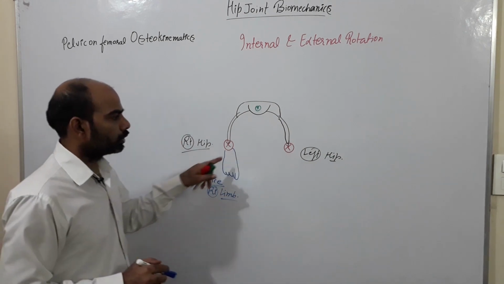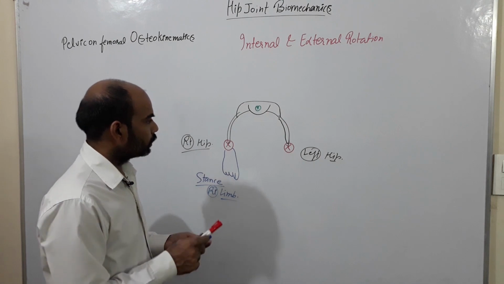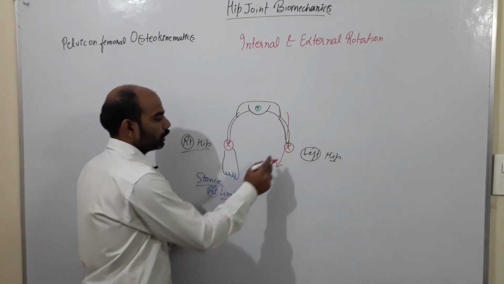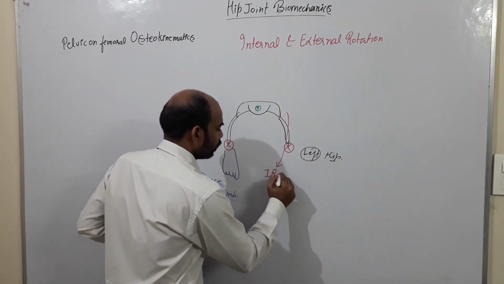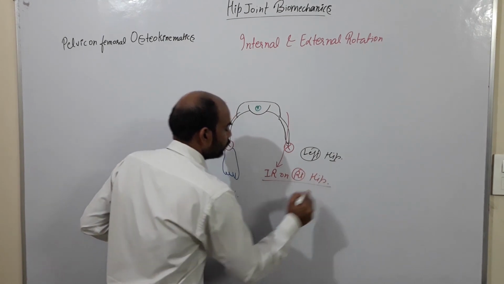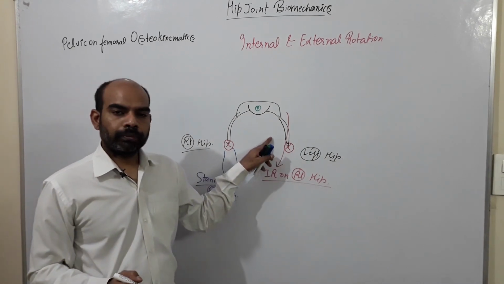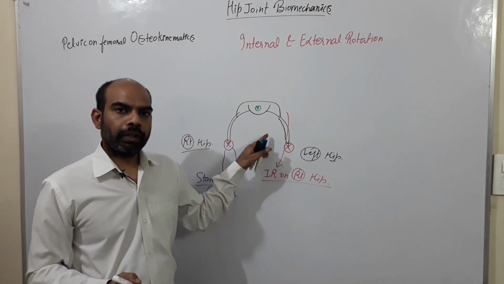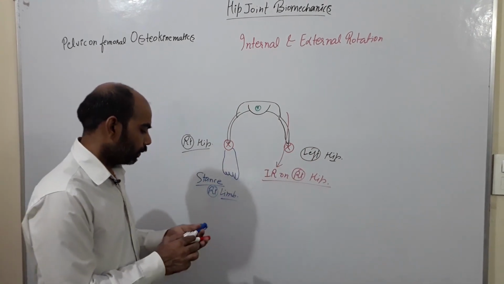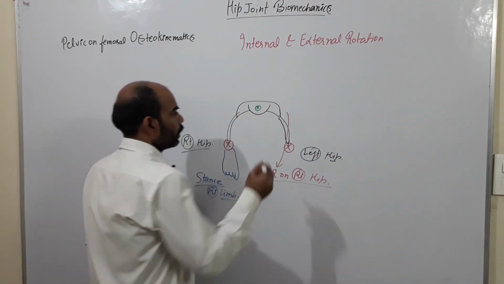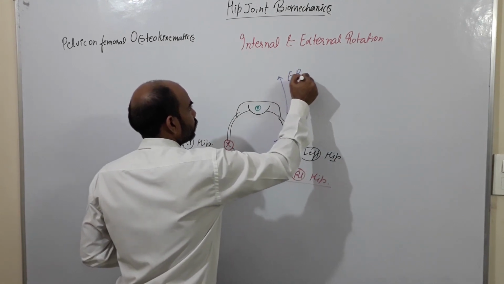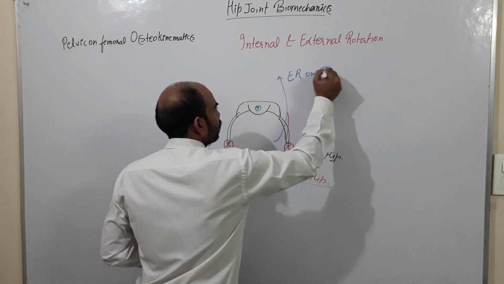When an individual stands on the right limb and pelvis from the left side is moved anteriorly, they produce internal rotation on the right hip. If the pelvis moves posteriorly, they produce external rotation on the right hip.